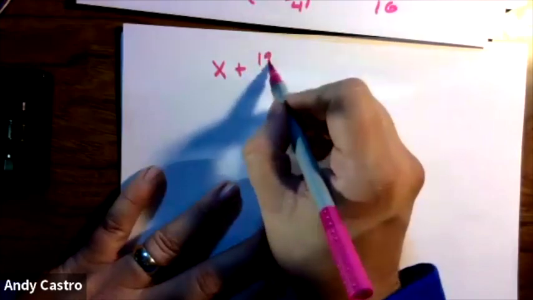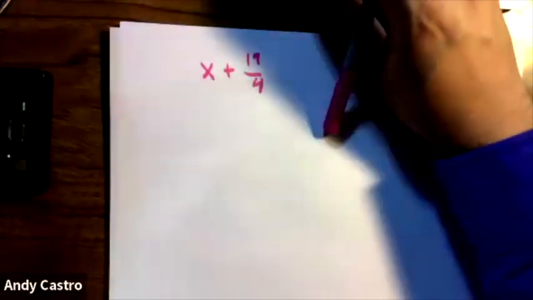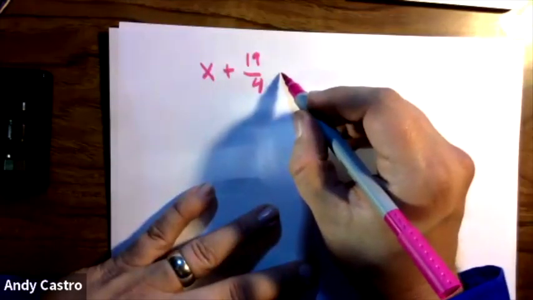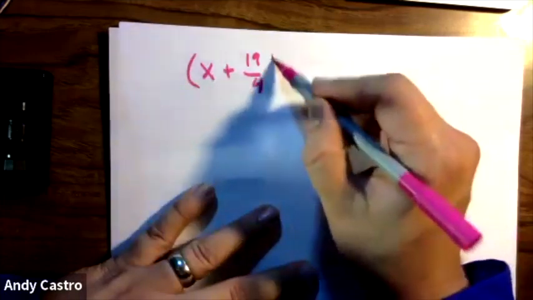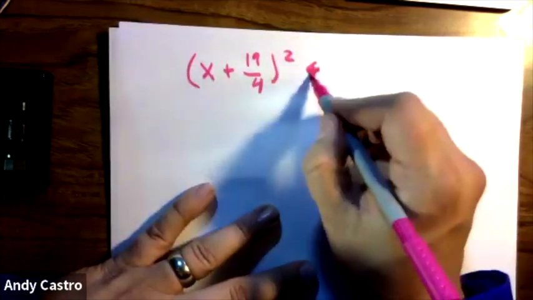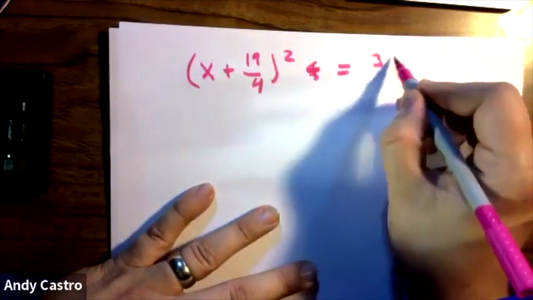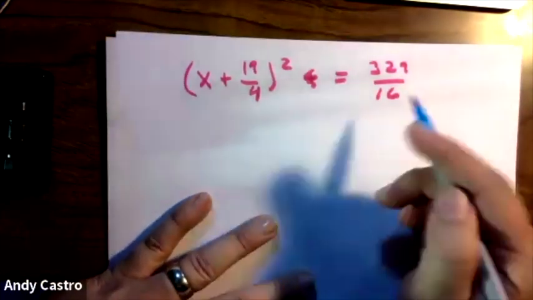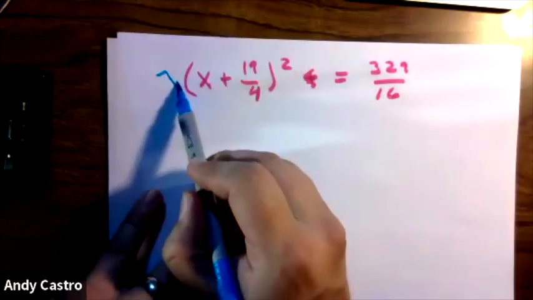So x plus 19 over 4, and then that's quantity squared, equal to 329 over 16. I realize I'm like 6 minutes over, so let me hurry up and finish this.